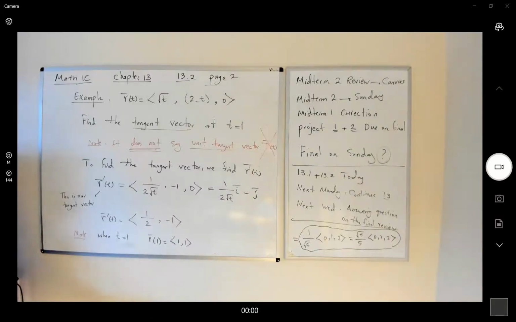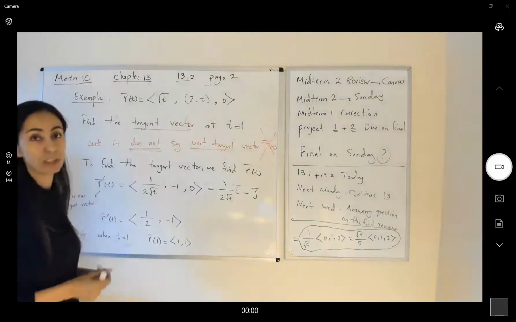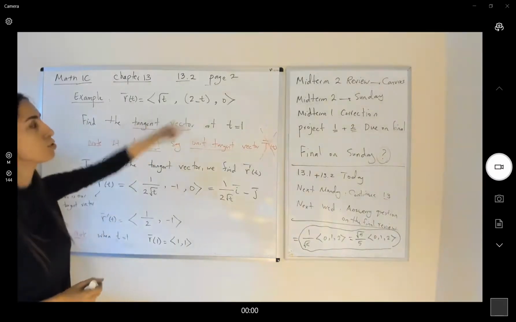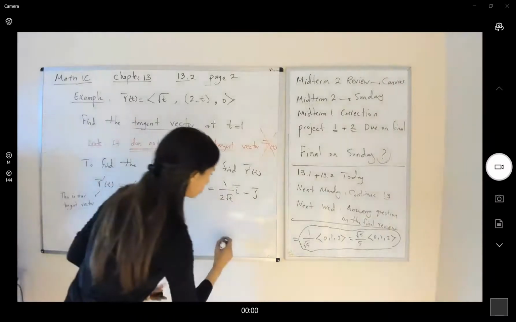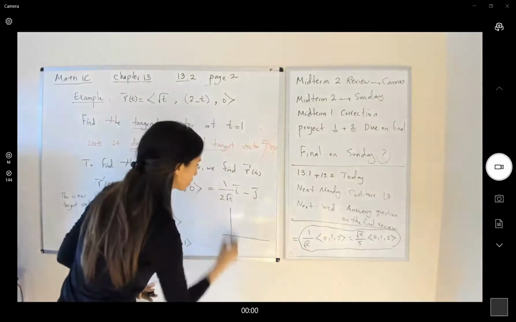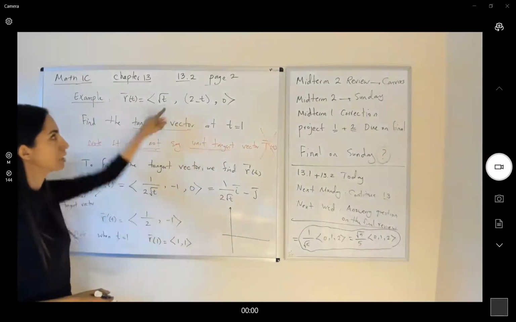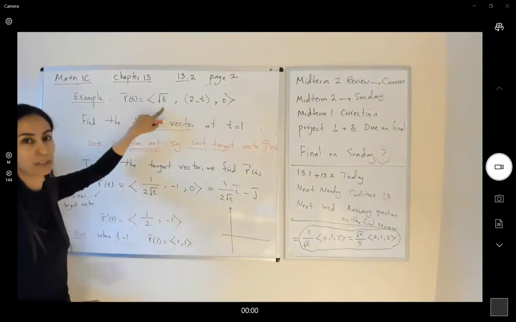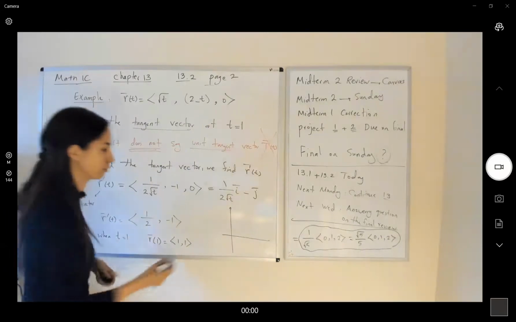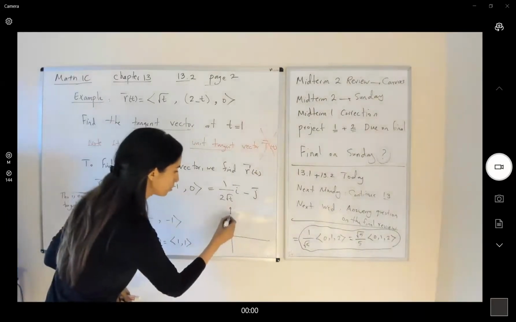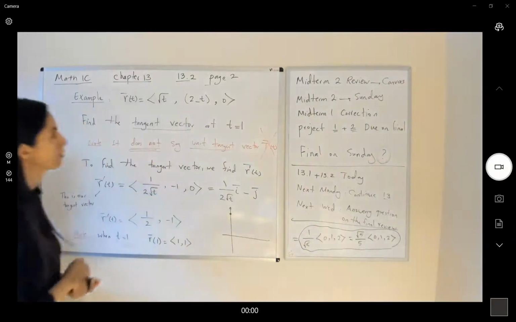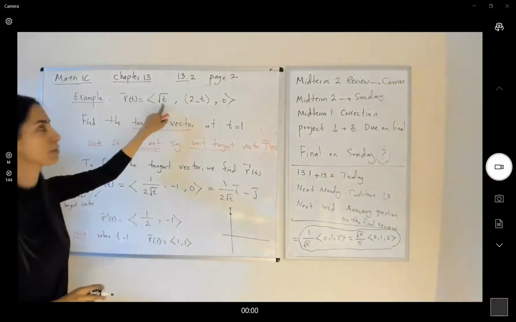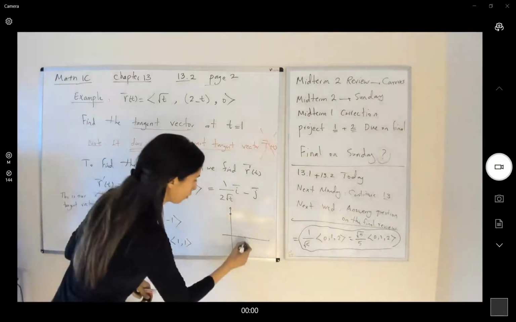Okay, let's graph our function. Here you have your function: square root of t, 2 minus t. By point plotting, you can easily graph this function. If t is equal to 0, then the first component is 0, the second component is 2. So 0 and 2. If t is equal to 1, you get 1 and 1.